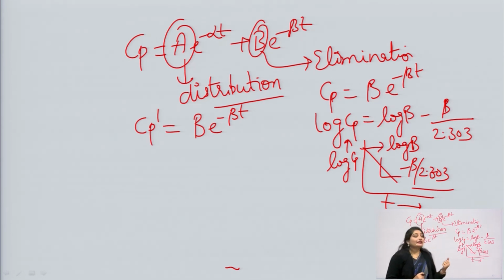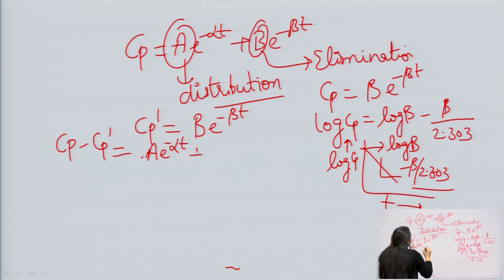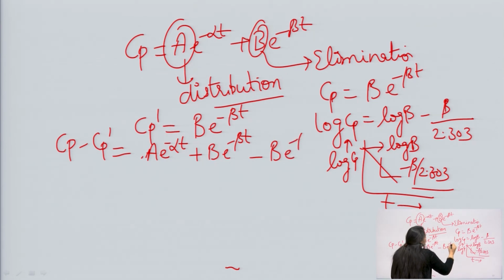Now, what about the value of A? When we subtract this value from the total value, we will get the value of A. Or we can say if we subtract Cp dash from the Cp, we will get the value of A. So, we subtract this Cp dash from this, and we get A e raised to power minus alpha t plus B e raised to power minus beta t minus B e raised to power minus beta t.